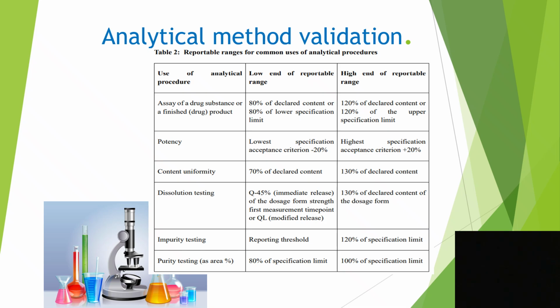This reporting threshold means it should be an established limit based on the API, based on the raw material's nature, criteria and specification, as well as the pharmacopoeial acceptance level. Purity testing is in percent, that is, it should be a lower level of 80% and a higher level of 100%.